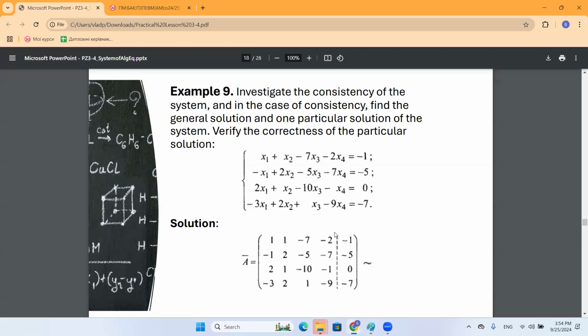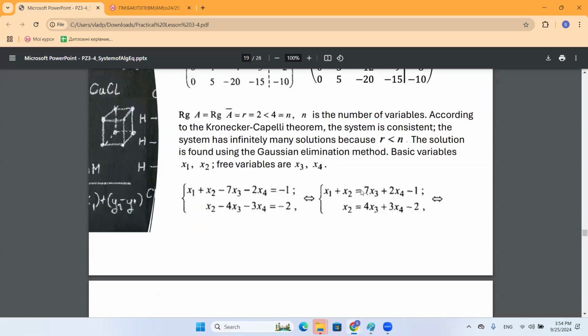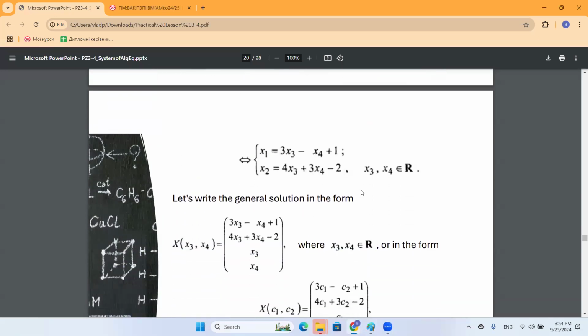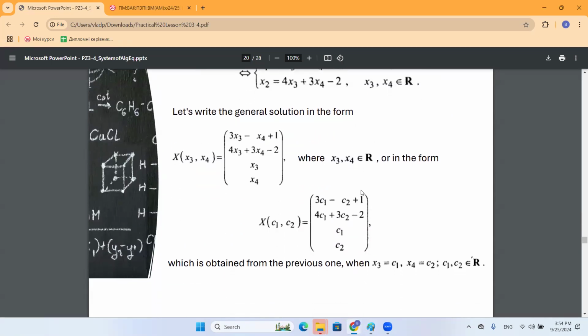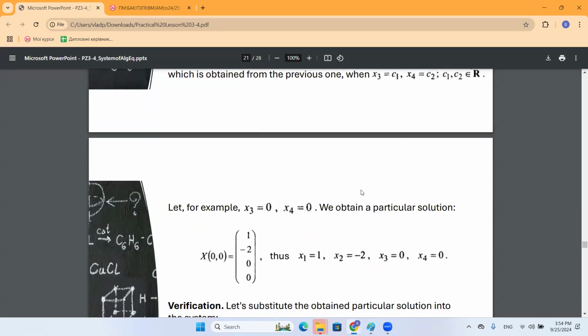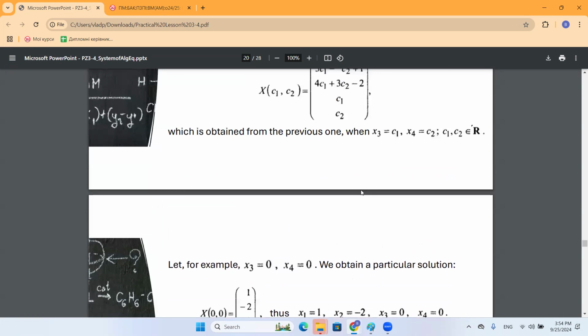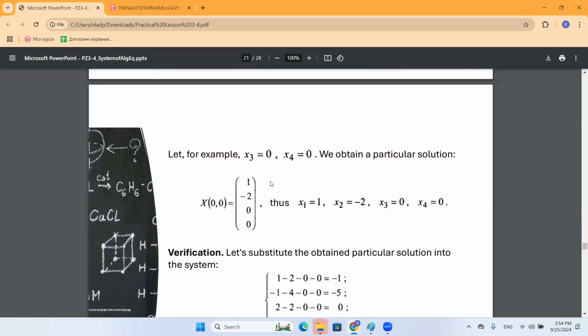And let's check with our... Actually, here is just a partial solution.